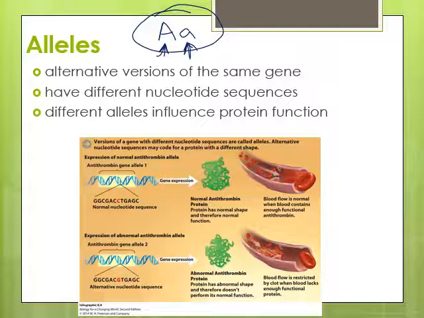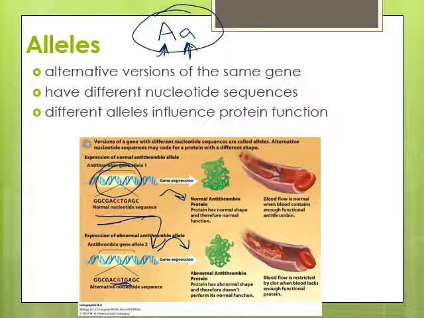Alternative nucleotide sequences may code for a protein with a different shape. So if we're looking at our antithrombin gene allele 1, this is our normal nucleotide sequence. You can compare this with allele 2, and you can see it's just one nucleotide change. There's only one shift. But when we go to gene expression, up here on our normal nucleotide sequence, we produce a normal antithrombin protein, which means our blood flow is normal.